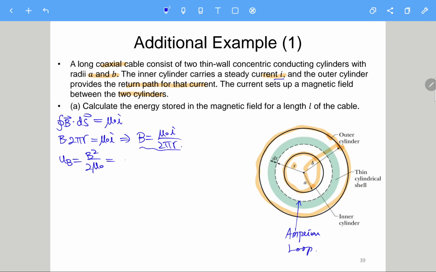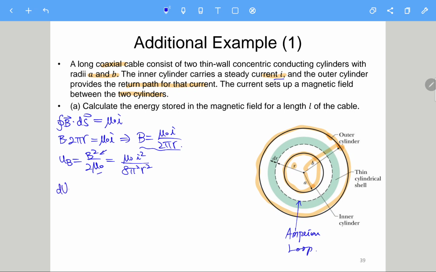So we have mu naught squared I squared over 8 pi squared r squared. Just substitute the B here. Well, actually we can also cancel one of the mu naught.